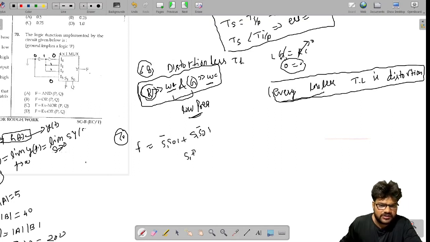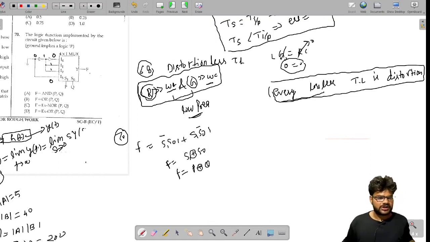So S1 XOR S0. So the output we will get is XOR, and the inputs are P and Q, S1 and S0 are P and Q. So we will get P XOR Q. So F is P XOR Q, then the correct option will be D. Okay, so question number 70, the correct option we will have is D.